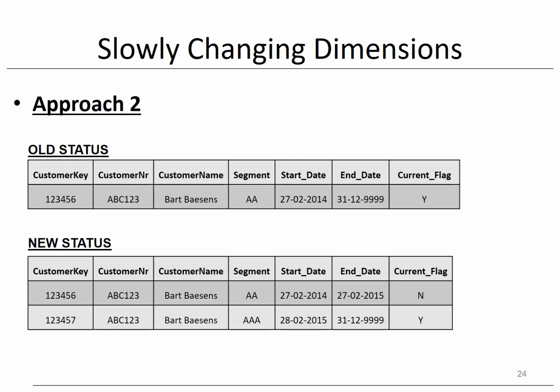The second approach stores the historical information by duplicating the record and adding start date, end date, and current flag attribute types as you can see here. A new surrogate key value is introduced, 1, 2, 3, 4, 5, 7 in our case, and both tuples share the same value for the business key, ABC123 in our case.